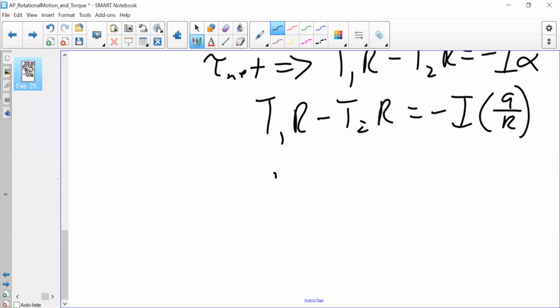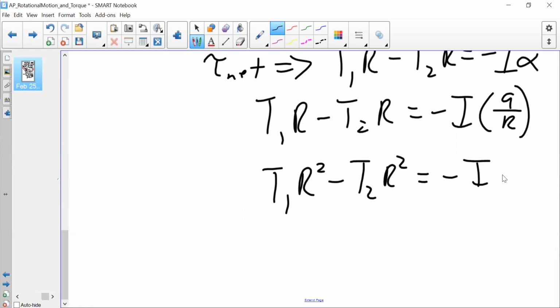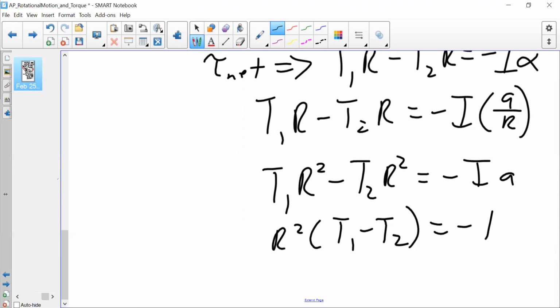So this will become T1 R squared minus T2 R squared equals negative I times A. And A we know, solving for I, and R we know. So it's going to be R squared times T1 minus T2 equals negative I times A. Right? So that's what we're going to be working with at the end to solve for I.